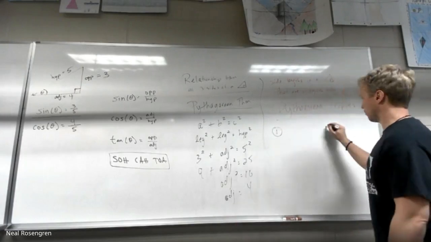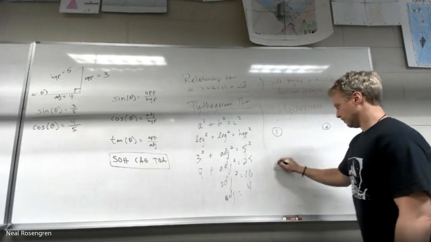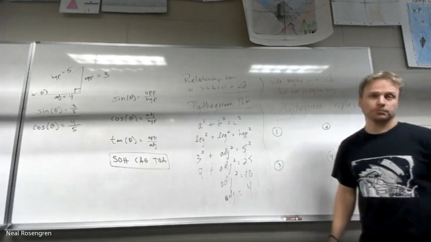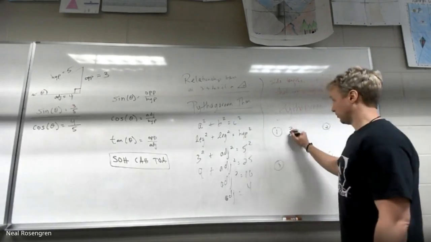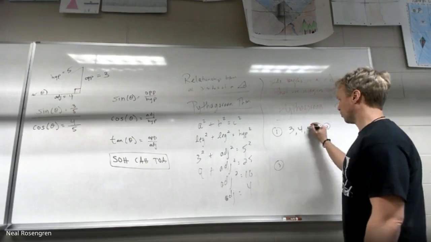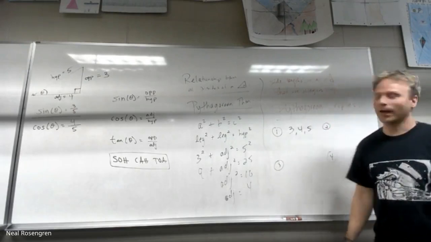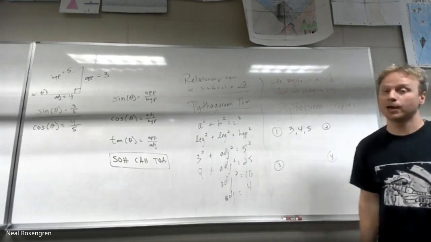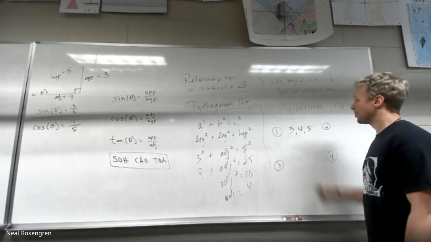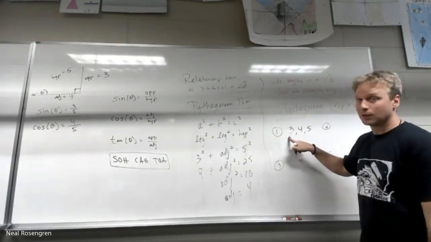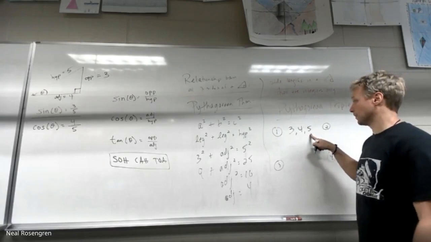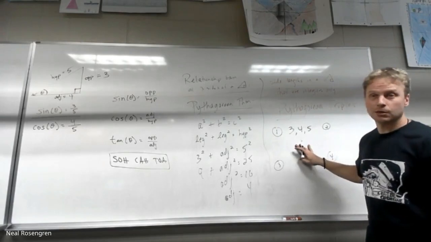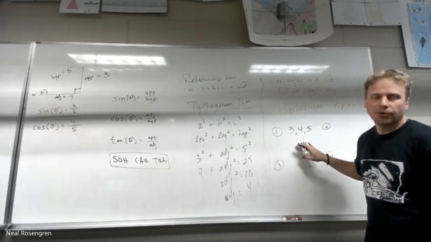And there are 4 really nice ones to know. Here's the first one, 3, 4, 5. Obviously the biggest one has to be your hypotenuse for this to work, right? 3, 4, 5 works because 3 squared plus 4 squared is equal to 5 squared. And what's really cool is you can double this and it still works.